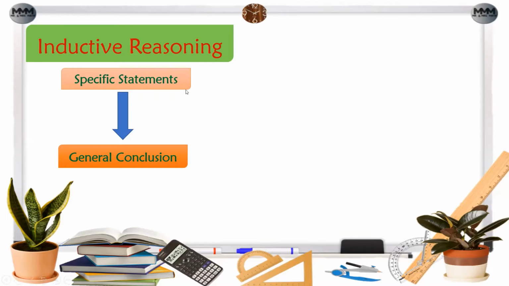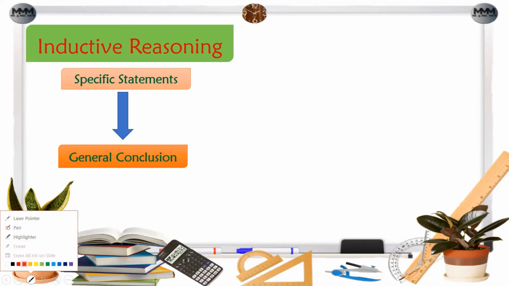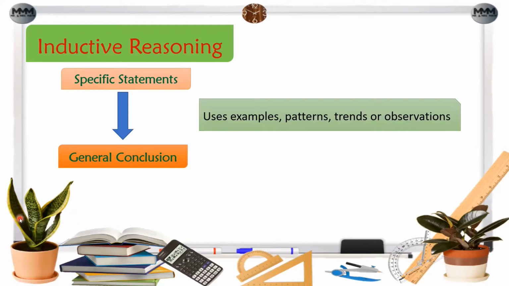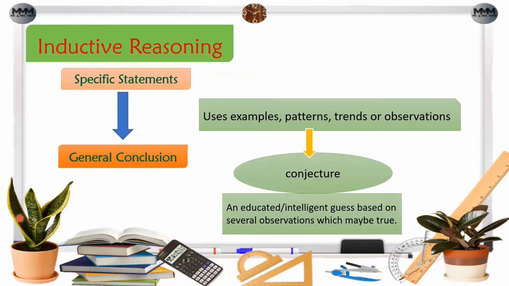Here, to arrive at a general conclusion, we will be using examples. We can observe patterns, trends, or observations so that we can have what we call the general conclusion or a conjecture. So what is a conjecture?